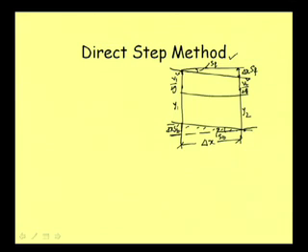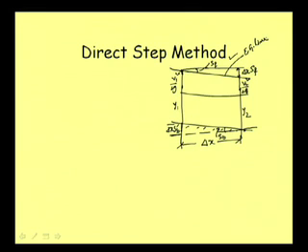So the energy level between two sections we can write in this form. Here we are considering that the loss is only due to frictional loss, delta x into SF, and the energy slope is also drawn like that. This is the energy gradient line.